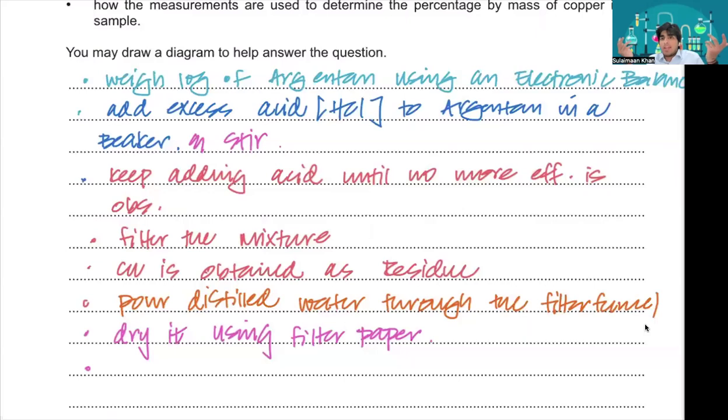I don't care, it's going to be in excess. I want the acid to be in excess, so it doesn't matter. Why would I use a burette? Burette is used in titration. If you're having problems with titration, watch the YouTube video. I've done a lot of work on it.